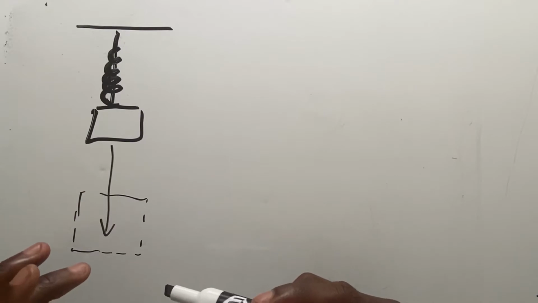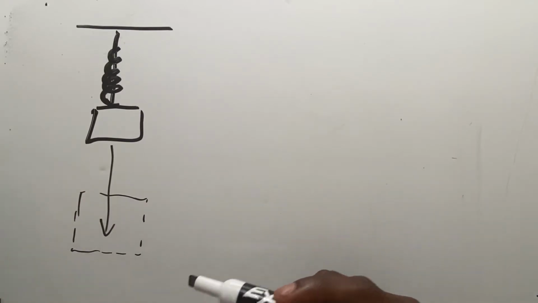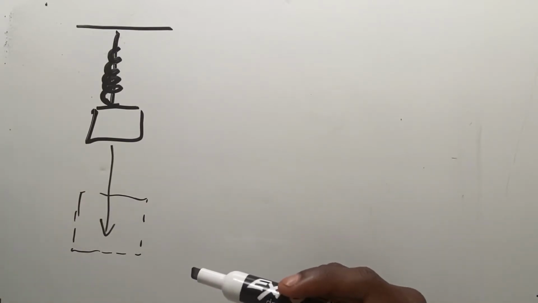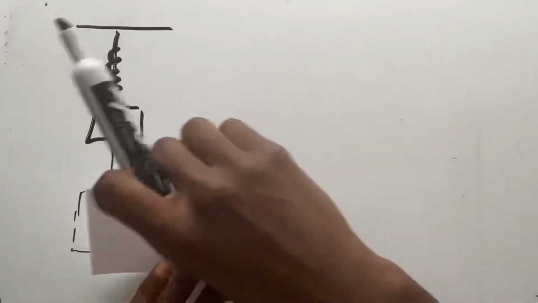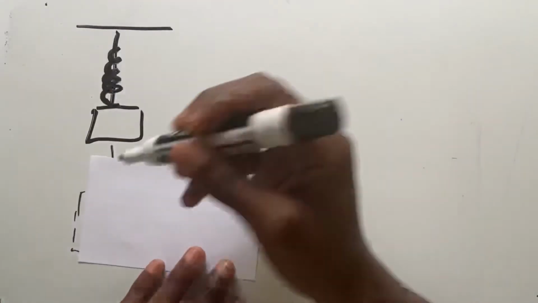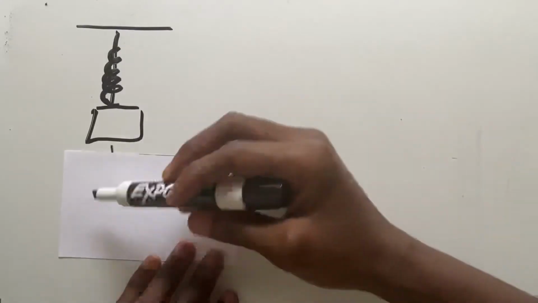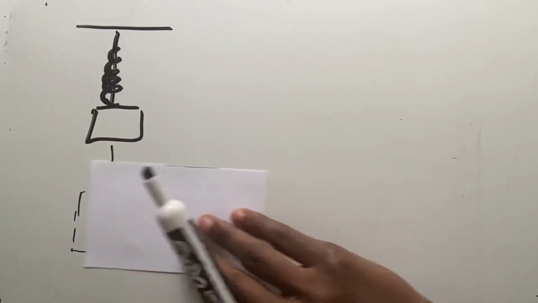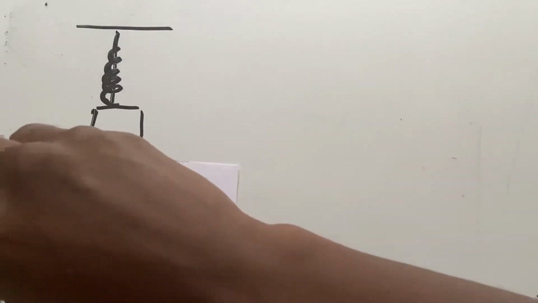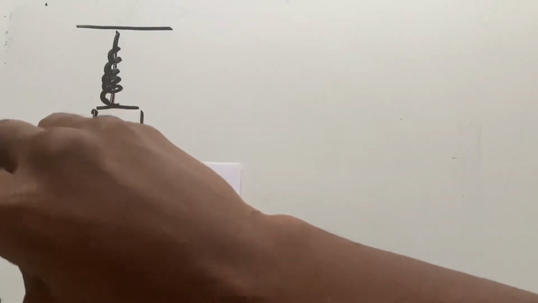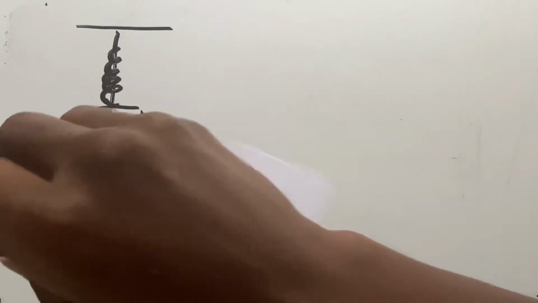So now if I produce that vibration, it's going to go up and down, but I also move something underneath it, like a piece of paper, to the right. So as I go up and down, let me try that again.